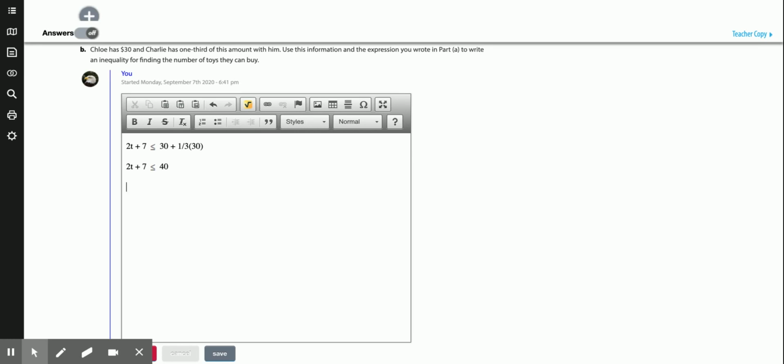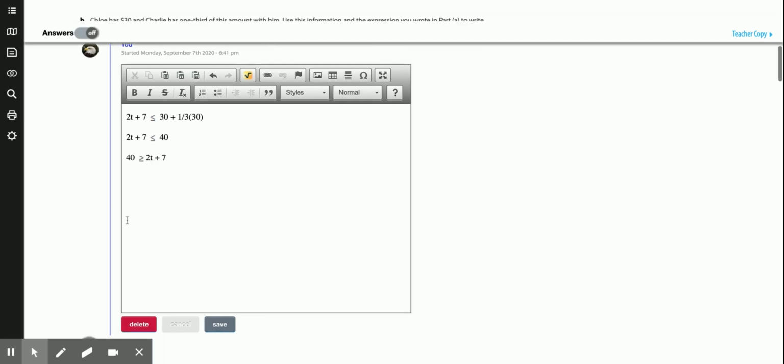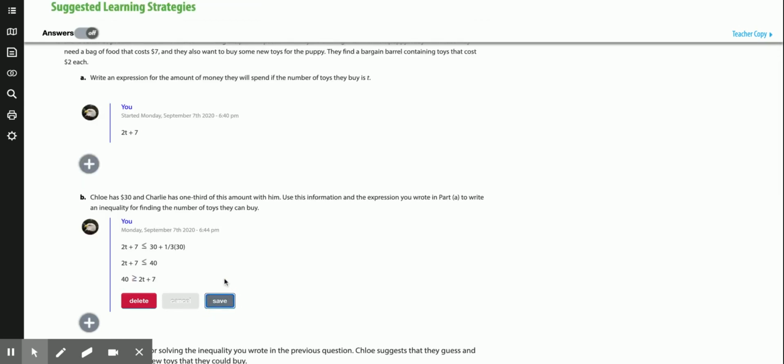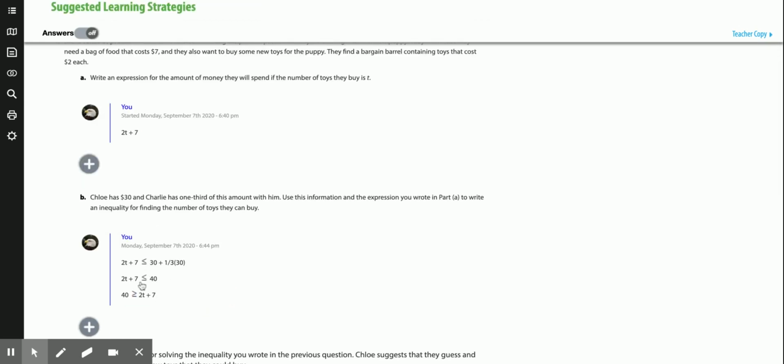Also remember that you could write this in the other direction, as long as 40 is greater than or equal to 2T plus 7. Either one of these is fine.